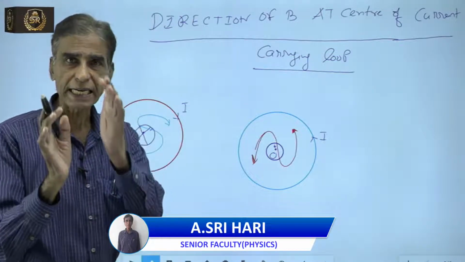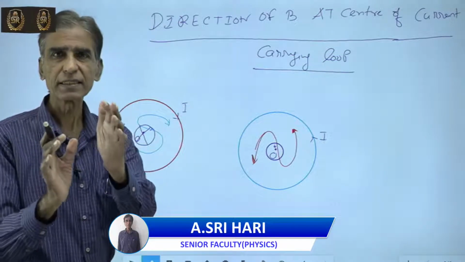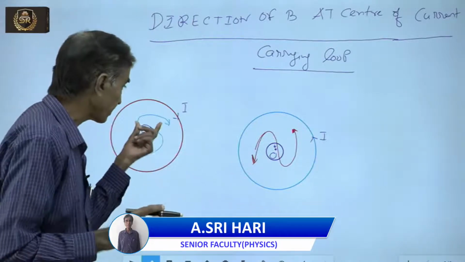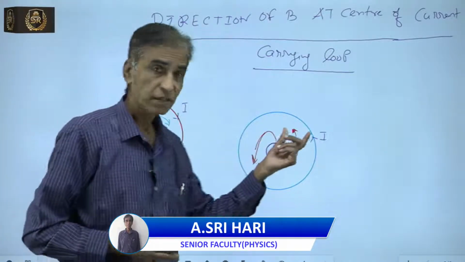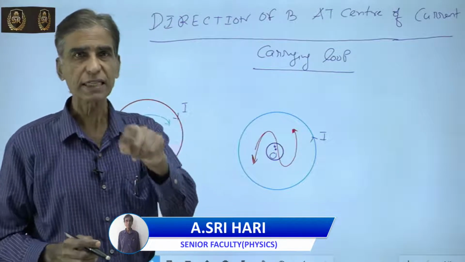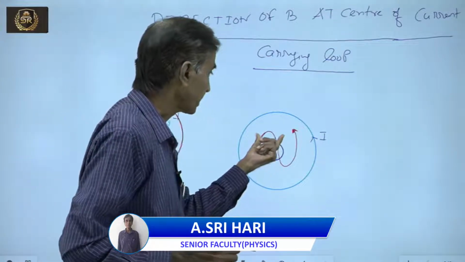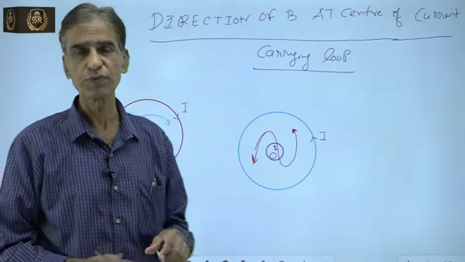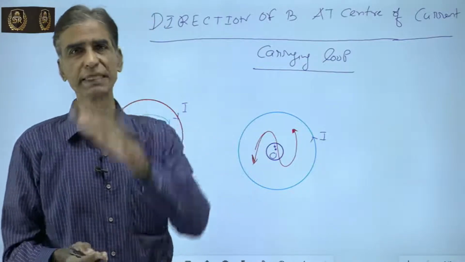So a current carrying loop that carries current clockwise behaves like a south pole, and one that carries anti-clockwise current behaves like a north pole. So that is four points you have to keep in mind.